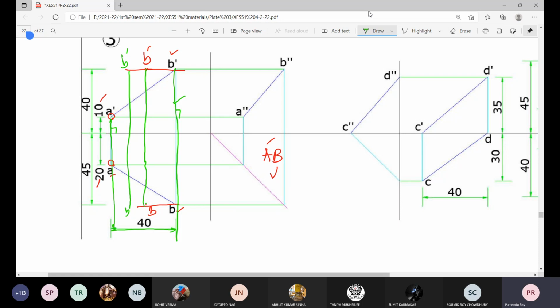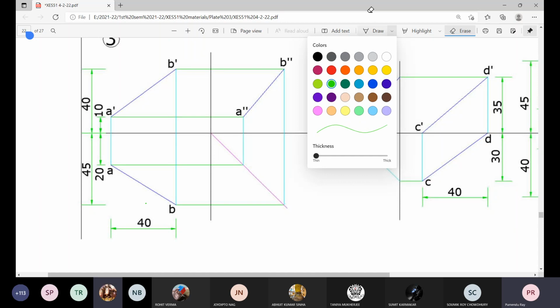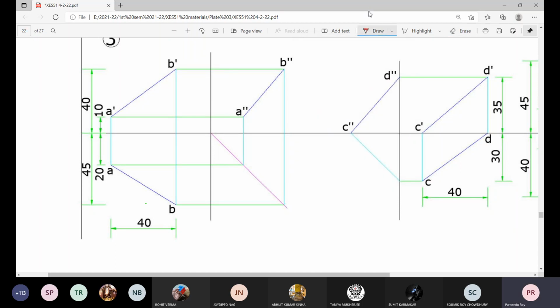So first step, I'll come back to the original diagram. Step 1, you draw this XY line.